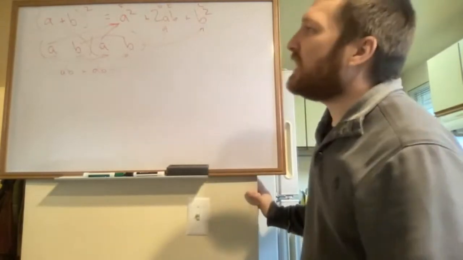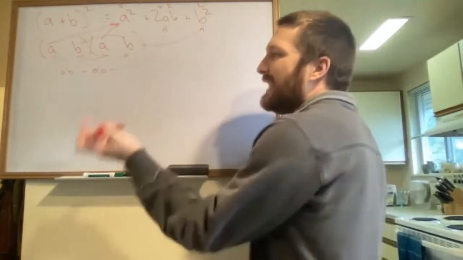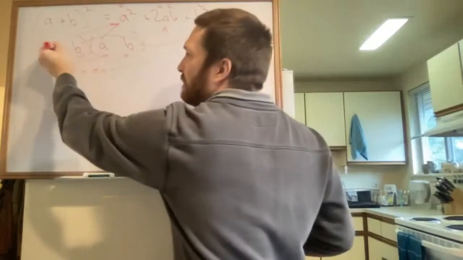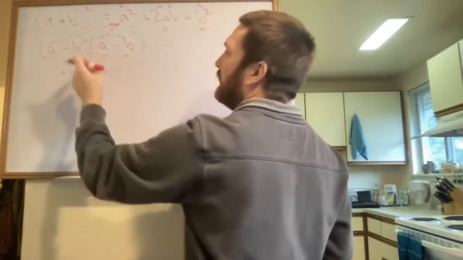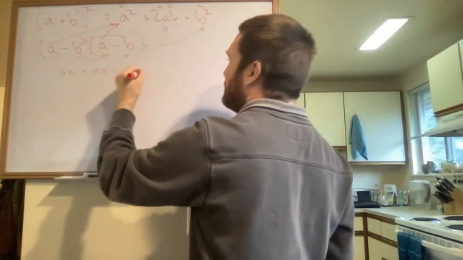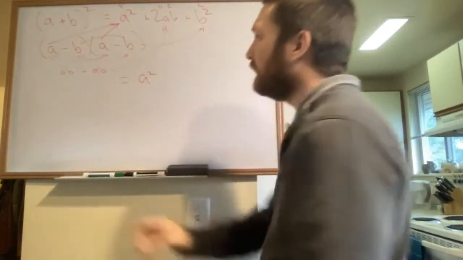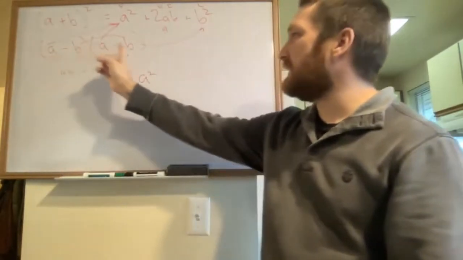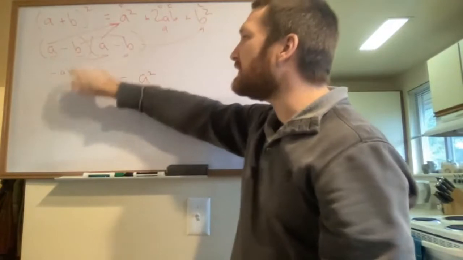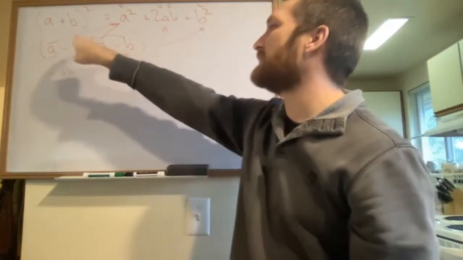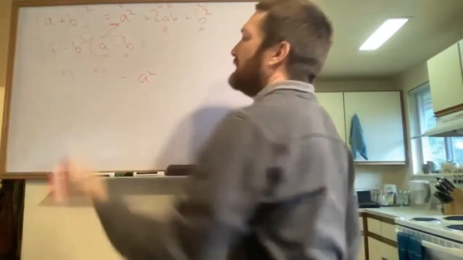Now, if I had changed this sign to negatives, let's see what we would have had. Minus ab, minus ab. Again, a times a is still a squared. The a times the negative b would give me a minus ab. The inside would be a times the negative b, which gives me a minus ab.